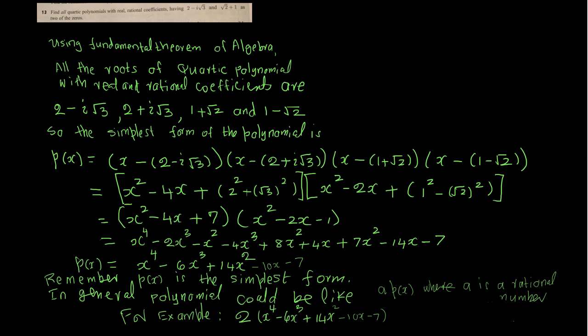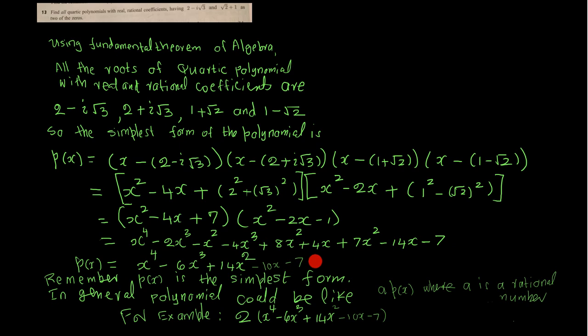And over here, 1 squared, this is a plus b times a minus b, so it's negative. So this negative becomes positive, so you get 1 squared minus square root of 2 squared. So when you simplify, x squared minus 4x plus 7, x squared minus 2x minus 1. Collect the like terms, so you end up with this.